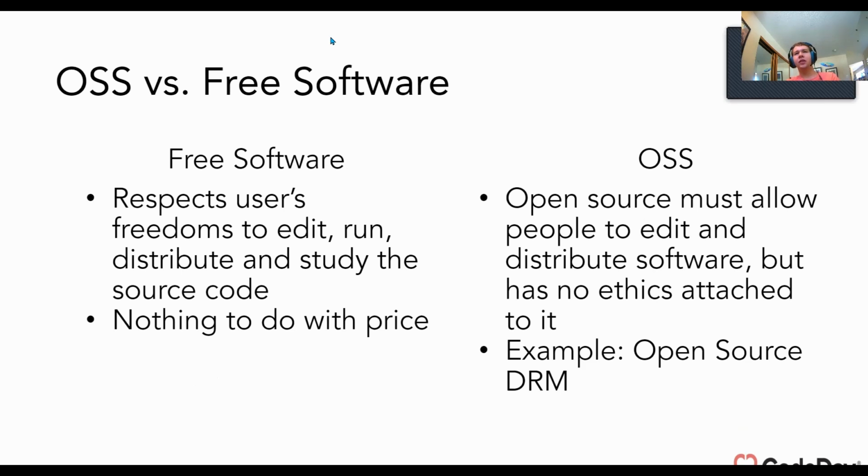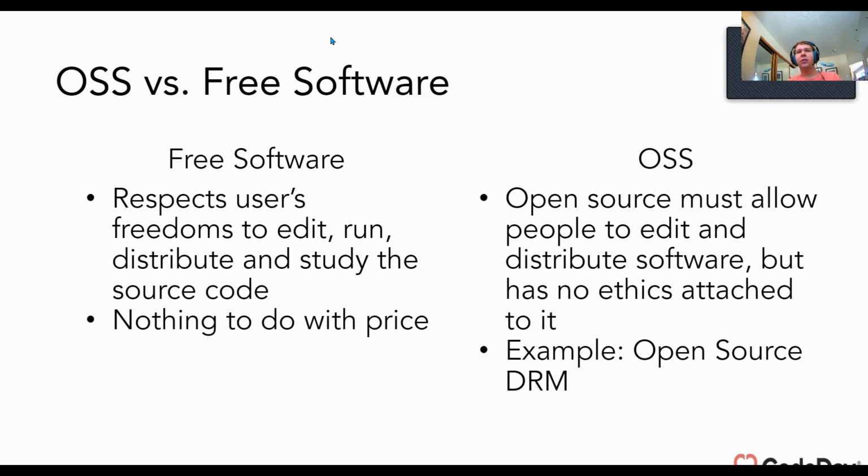An example is that the program has to respect the user's freedom, let them do whatever they want. For example, an open source DRM wouldn't be free software because it doesn't protect the user's right to edit the software, run it, and share it between other people.